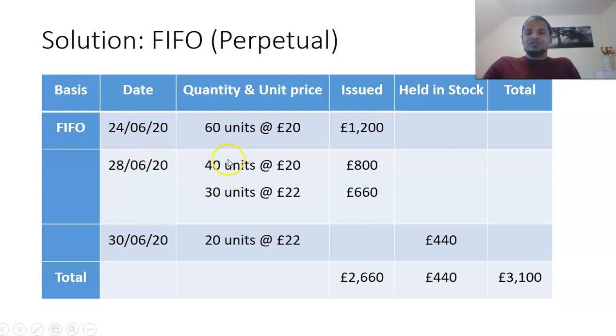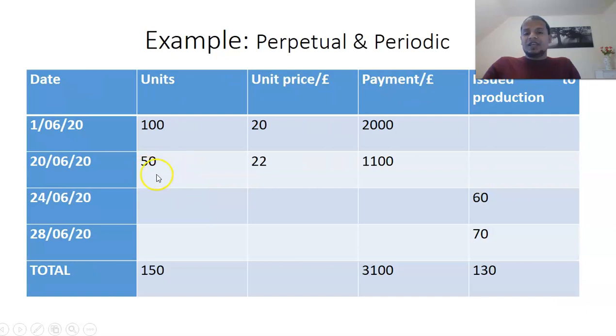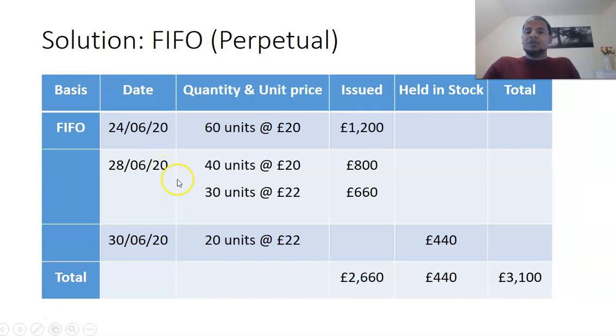We have to issue 70 on 28th. So 40 we issued from the earlier purchase, and how much more we need to issue is 30, to make it 70. So from the next purchase, that is from the 50 at the rate of 22, we will issue 30 units. So 30 units at the rate of 22, the total amount of issue from the second purchase is 660.